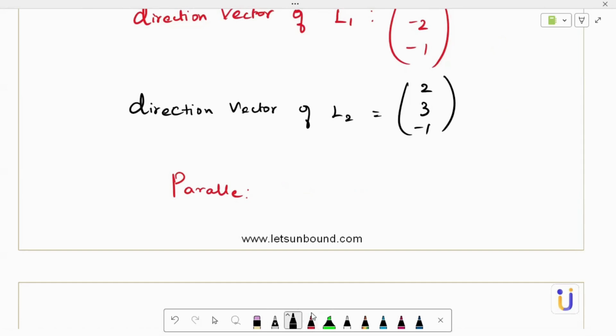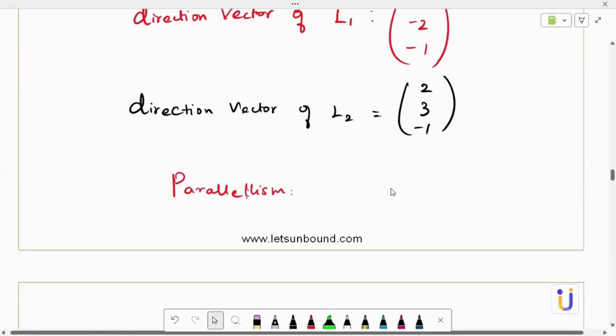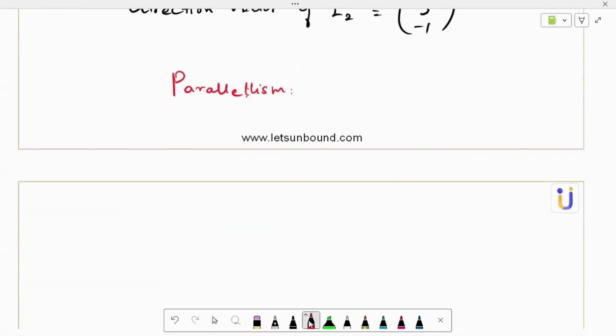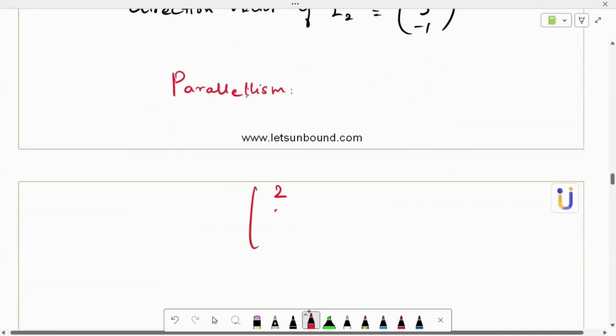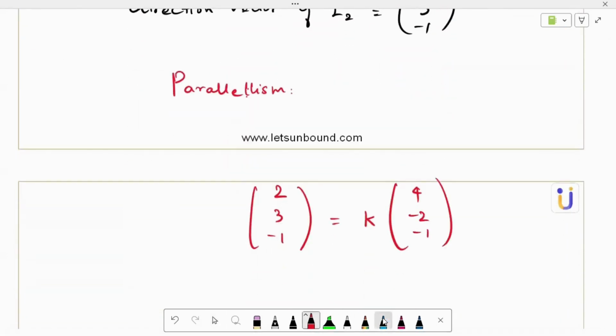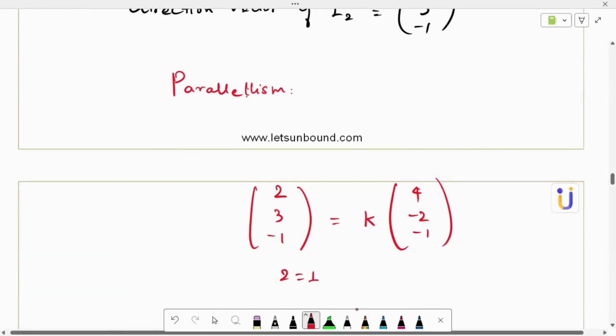So, parallelism check. Okay, let me take L2 first. 2, 3, minus 1 is equal to K times 4, minus 2, minus 1. Let's solve this. 2 equals 4K.